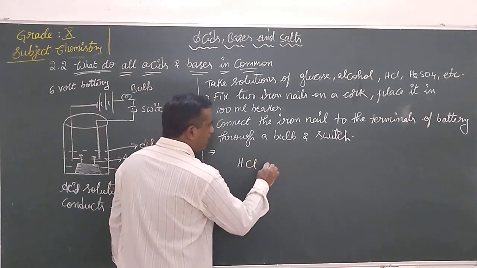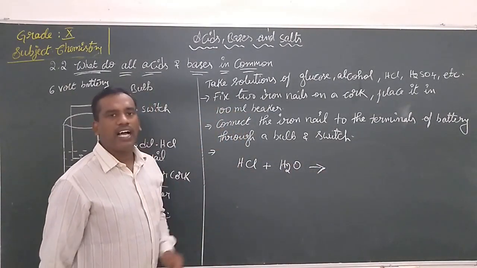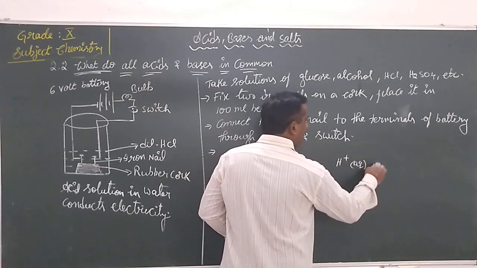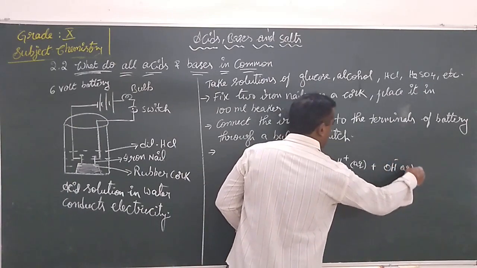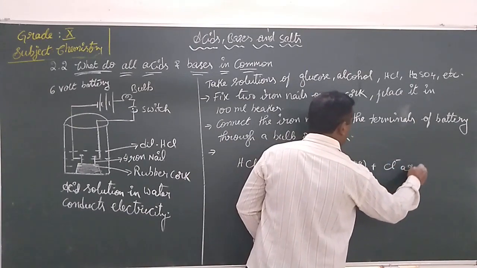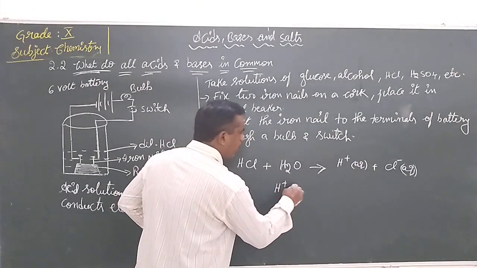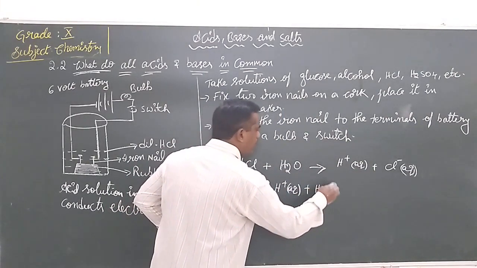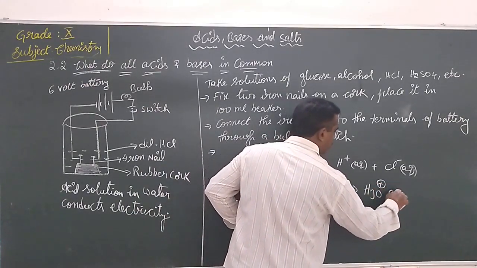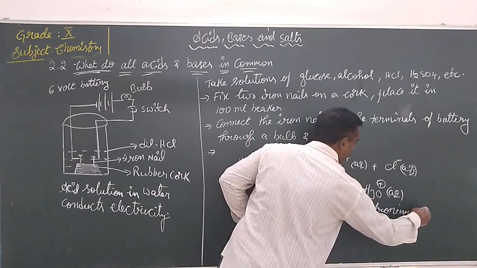When HCl is dissolved in water, H plus ions will be generated and Cl minus ions, aqueous. These H plus ions will combine with the water molecules to form H3O plus ions, hydronium ions.